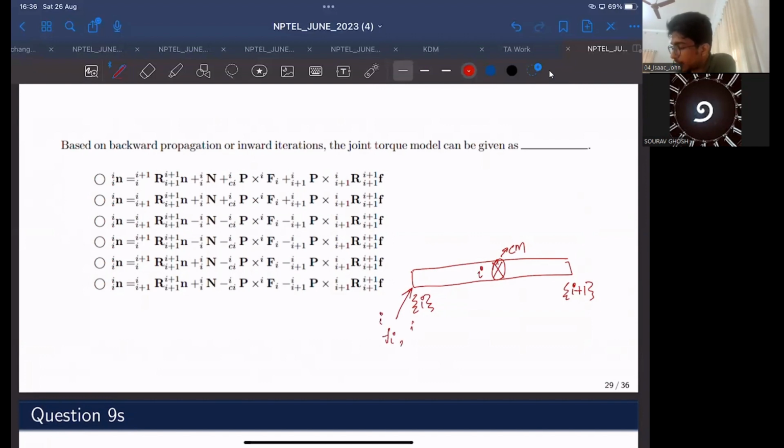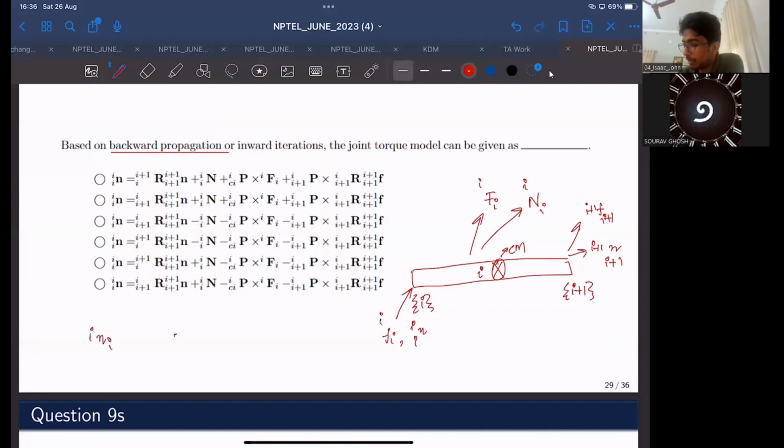The moments would be n i with respect to i. And at the distal end, the forces would be f i plus 1 with respect to i plus 1. The moments would be n i plus 1 with respect to i plus 1. Then we have the inertial forces F i with respect to i, and the inertial moments N i with respect to i. So for the backward propagation, we need to find out the moments n i with respect to i from n i plus 1.